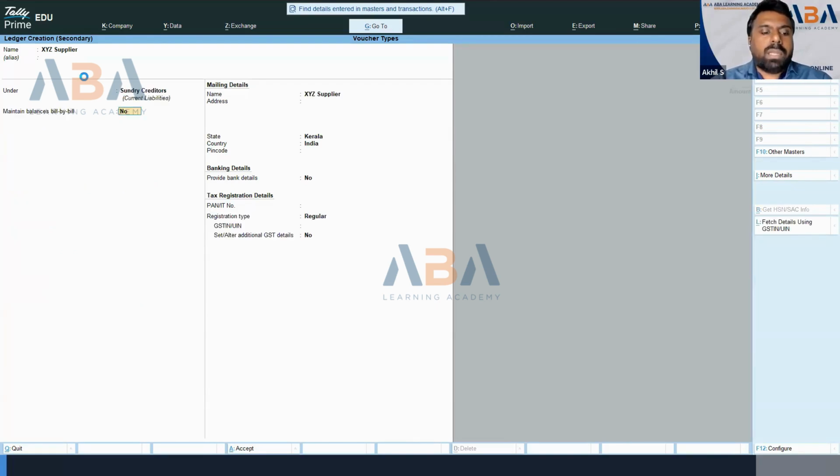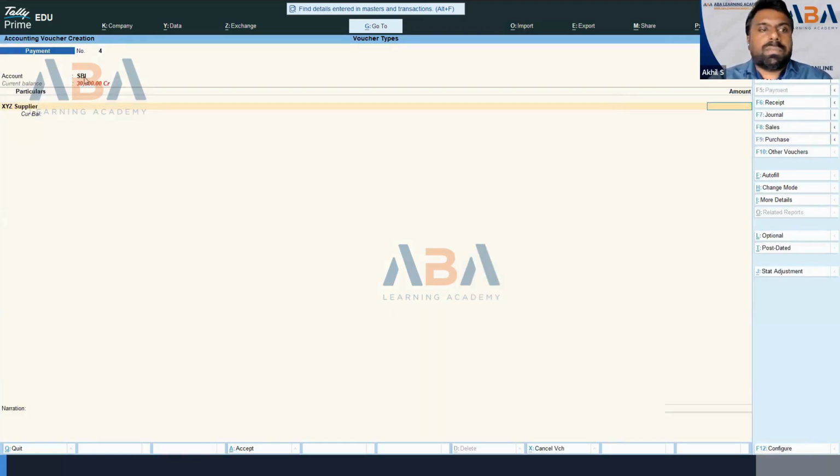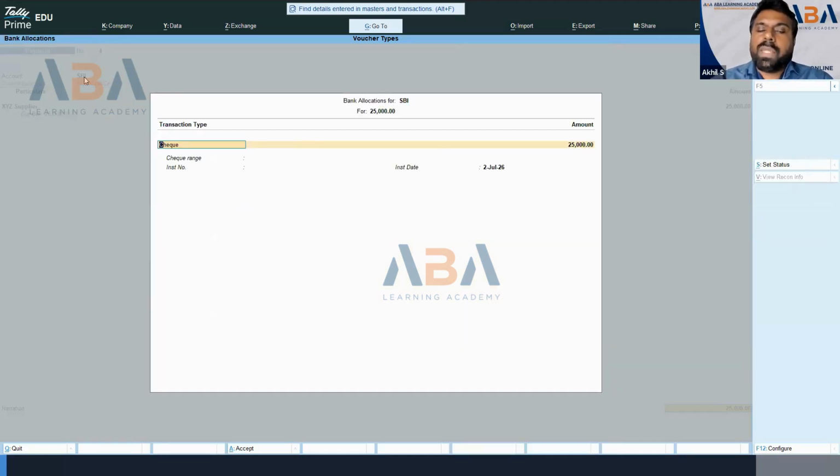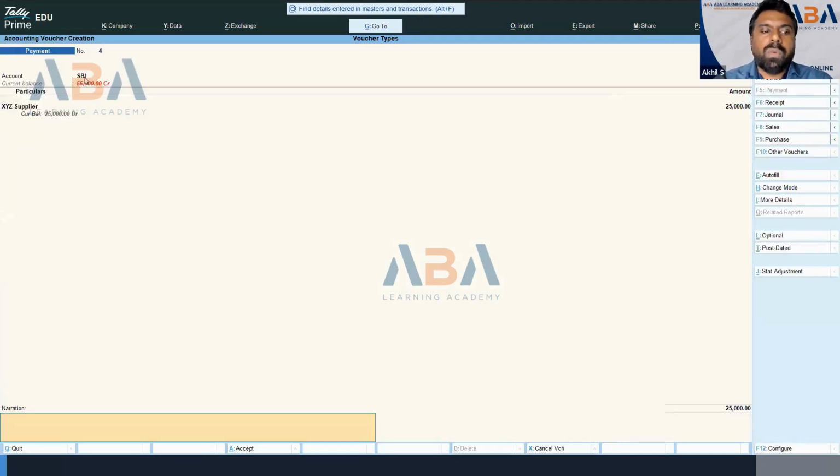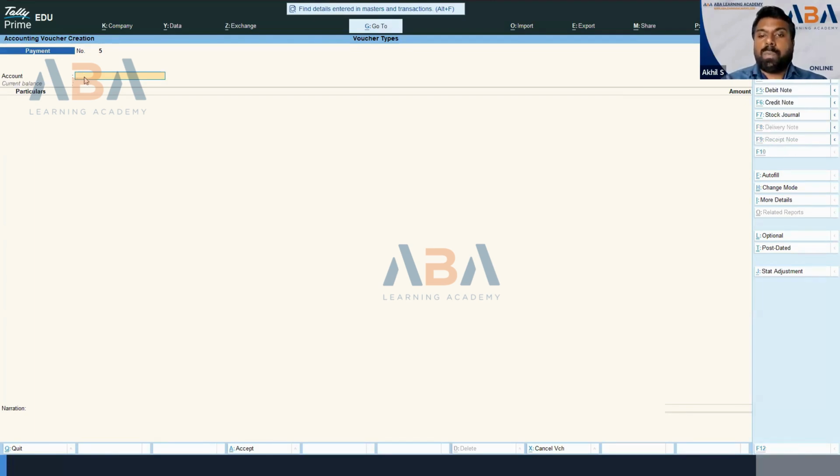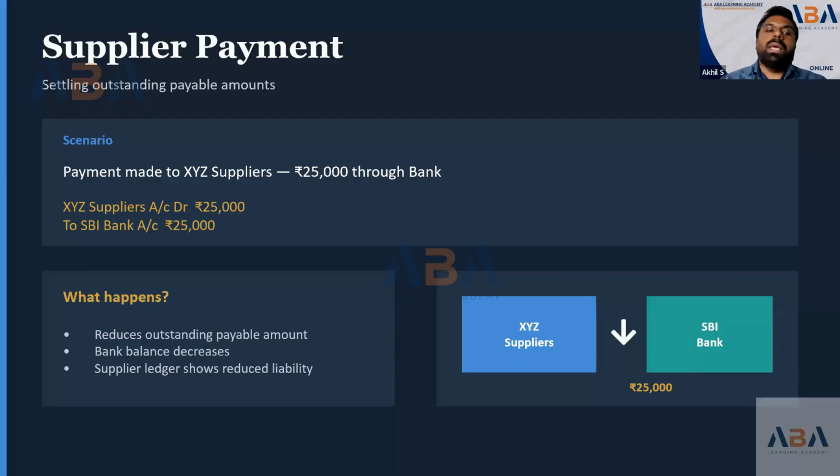Maintain balances bill by bill and all, for this example I'm skipping that. The amount is 25,000. Press enter. If you want to give the transaction type and all those things, you can do that. I am just skipping it for now and then saving this, Control A to save. So this is how payment is done to a supplier.